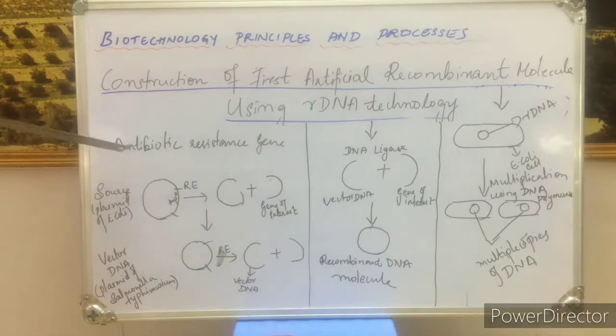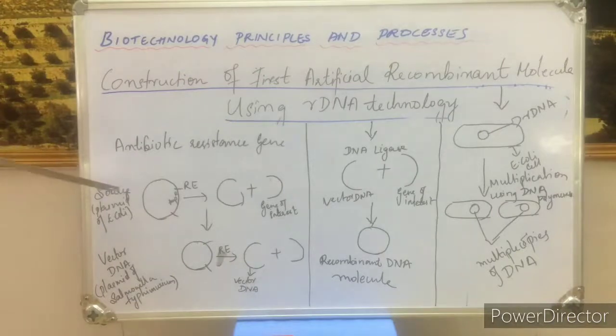So usually the plasmids of E. coli have antibiotic resistance genes towards ampicillin, tetracycline, chloramphenicol, kanamycin. These are some of the antibiotics, and these plasmids have genes that are resistant to them, right?